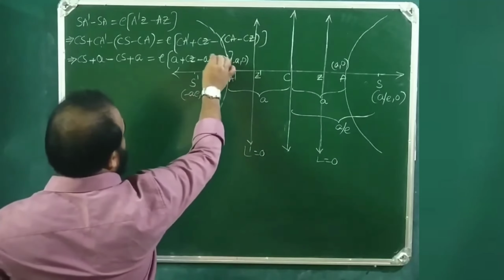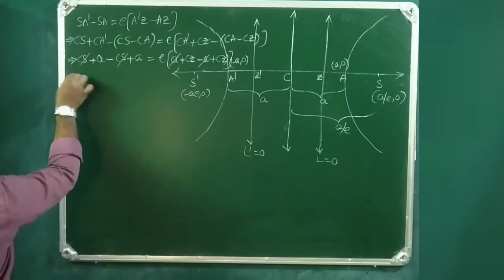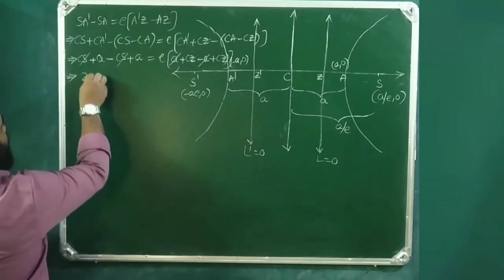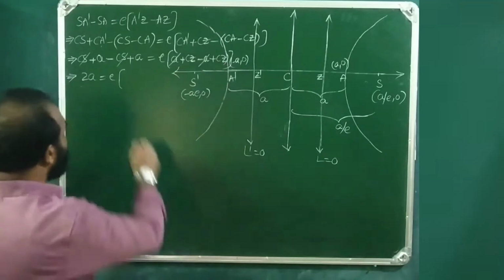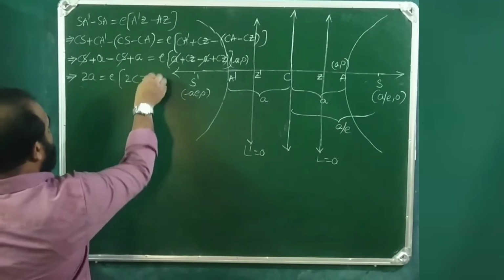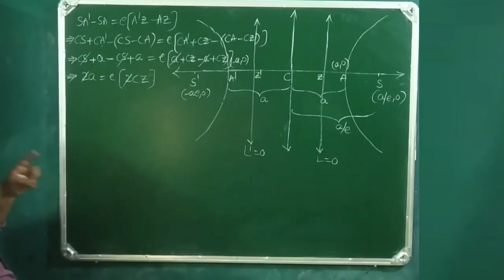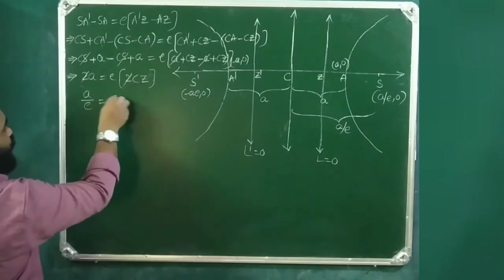So this minus A, this plus A gets cancelled. Here CS gets cancelled. So A plus A, 2A is equal to E into CZ plus CZ is 2CZ. So 2 gets cancelled. So therefore A by E is equal to CZ.